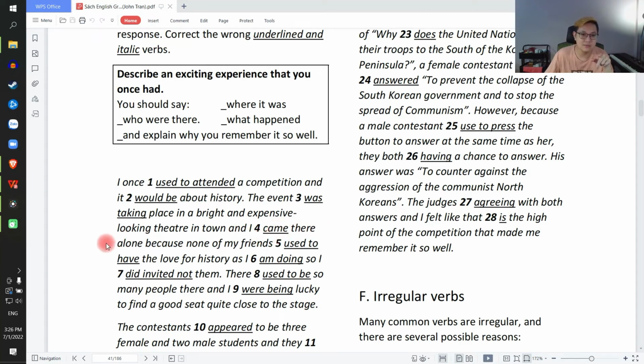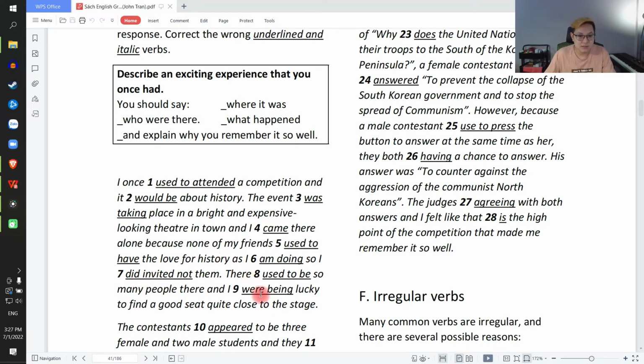I came there alone because none of my friends had the love for history as I did. So I didn't invite them. So 1, 2, 3, 4, 5, 6, 7. These are all simple, single completed actions. So that's why we use past simple in there. Số 1 đến số 7 này đều là những hành động đơn lẻ không mang tính lặp lại, không mang tính tiếp diễn, cho nên là quá khứ đơn thôi các bạn.